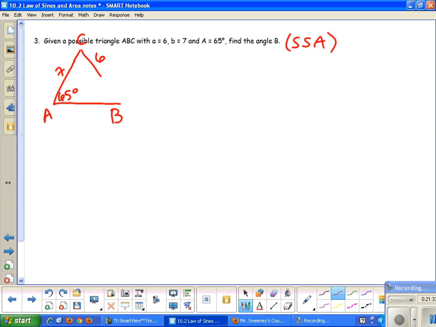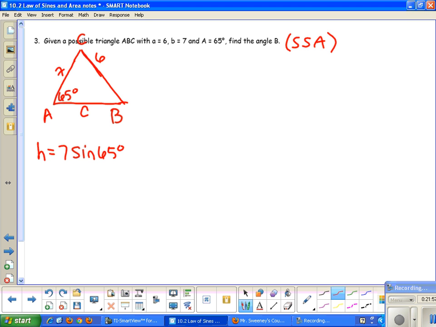So we need to figure out if this 6 is long enough to hit this other side down here of C. That means I need to figure out the height of my triangle. The height is going to be 7 times the sine of 65 degrees, because again, it's always the length that's not opposite the angle times the sine of the angle.